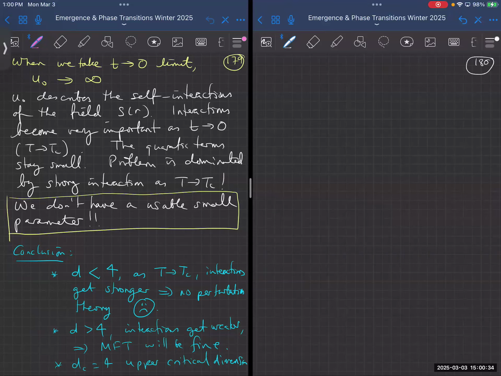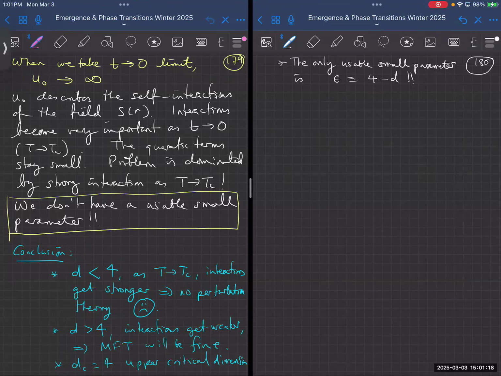The only small parameter that we have is how far away you are from 4 dimensions. So we have to do an expansion in dimension. Okay, so that's the first thing that we've learned, and this is why the problem is hard.